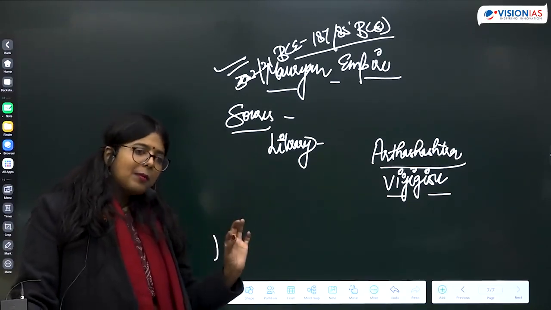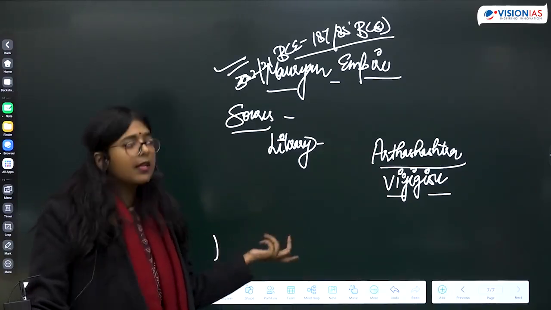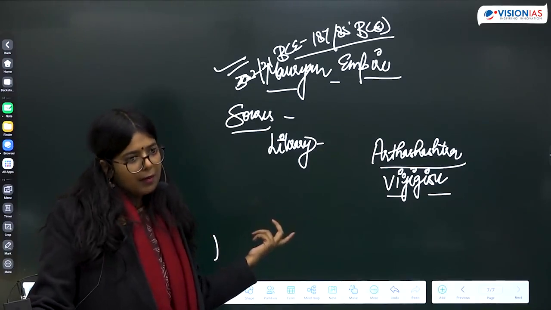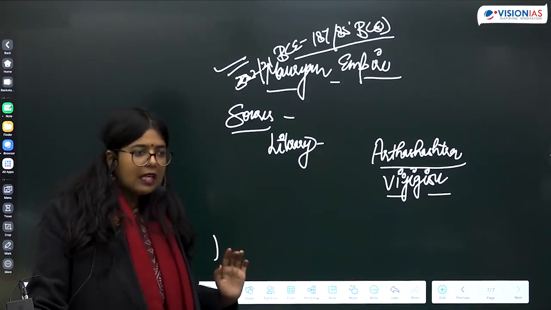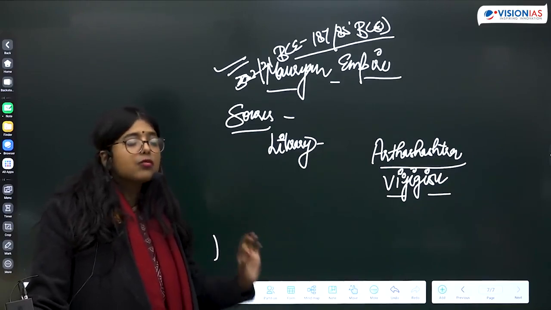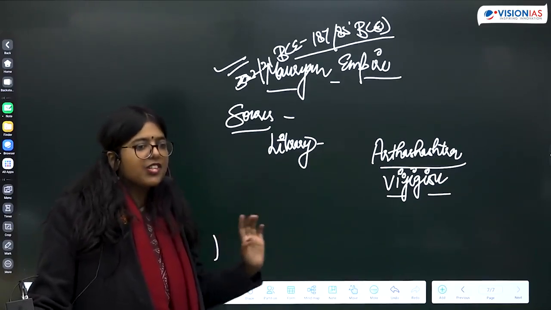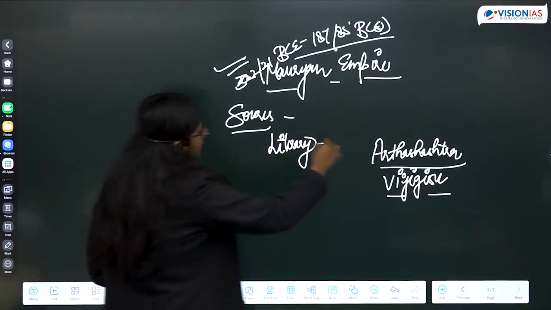Okay, what do we mean by Vijigishu? The king to be. Why do we use then Arthashastra to study Mauryan Empire? Because a part of it was composed during Mauryan period. That is why we use the text Arthashastra to study Mauryan administration as well. Is this clear?